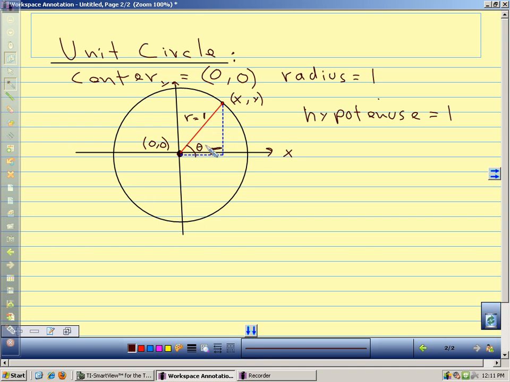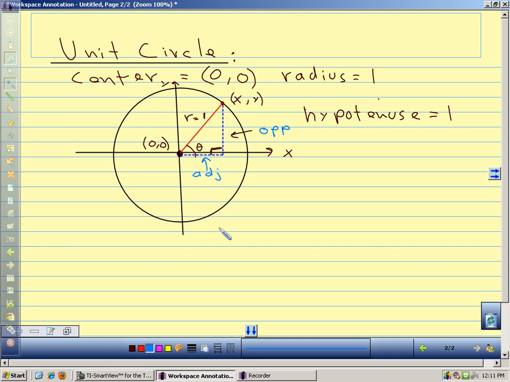Anywhere on the unit circle, the hypotenuse is 1. This side, is this side the opposite, the adjacent, or the hypotenuse? And we're talking about this angle. We're across the triangle, so that's opposite. And this side is our adjacent side.